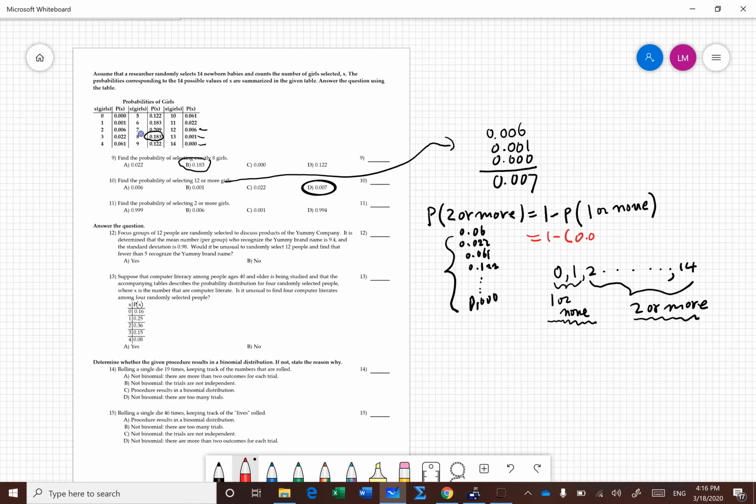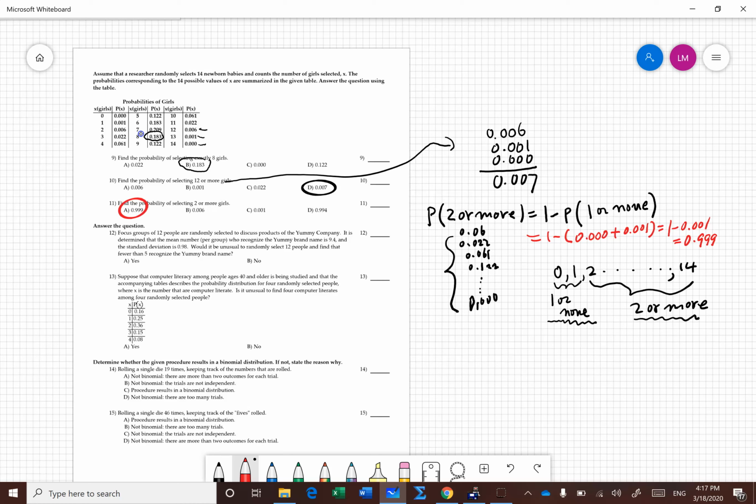It is 0.000, plus the probability of 1, which is 0.001. So it is 1 minus 0.001, which is 0.999.